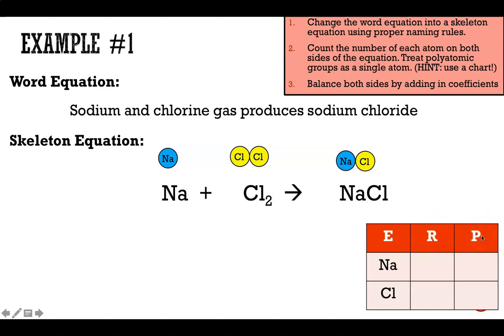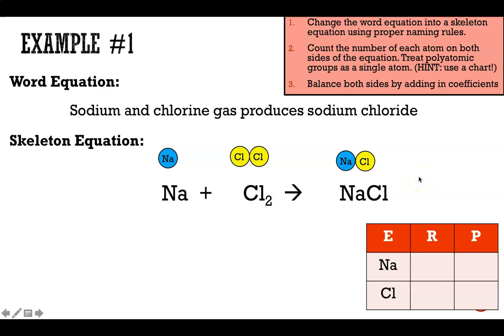So we're going to go through and we're going to count how many of each of these atoms we have on our reactant side and our product side. So sodium on our reactant side, we've got 1. On our product side, we've also got 1. Chlorine, we've got 2 on our reactant side and only 1 on our product side.